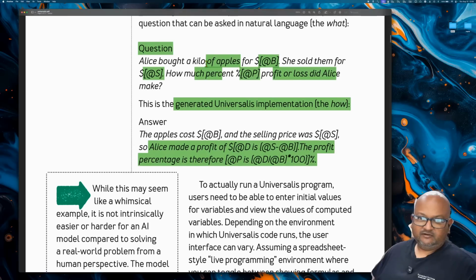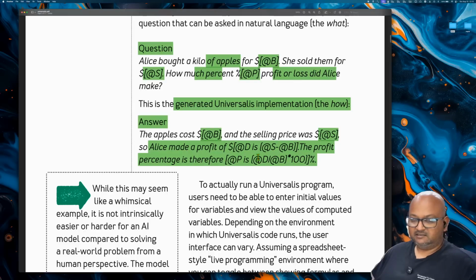Now, if you've looked at all these benchmarks, if you're familiar with prompting, you know what chain of thought is, this will look pretty familiar. This pattern of having a query like this and a chain of thought solution like this is pretty well understood. The new thing is this data binding and variables inside these square brackets.